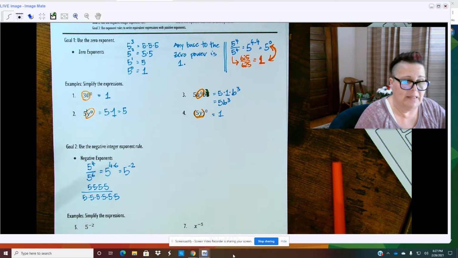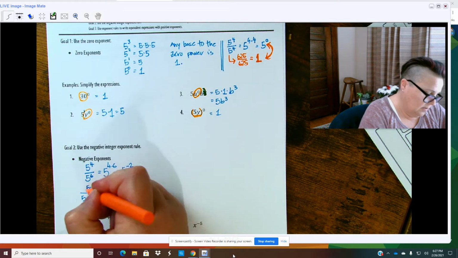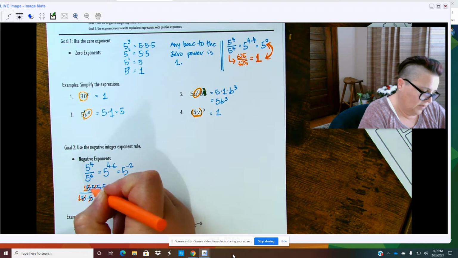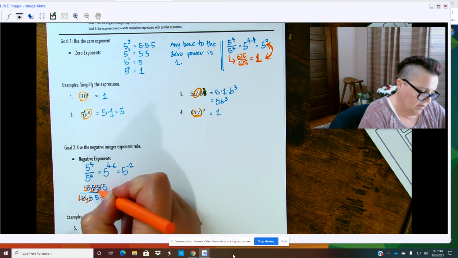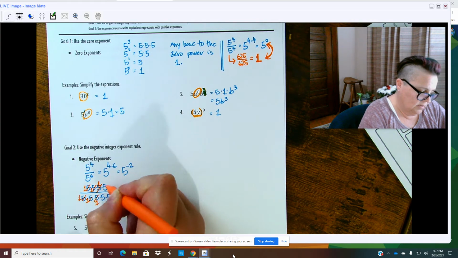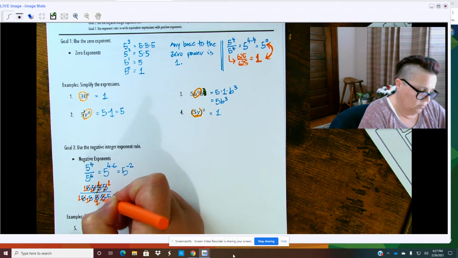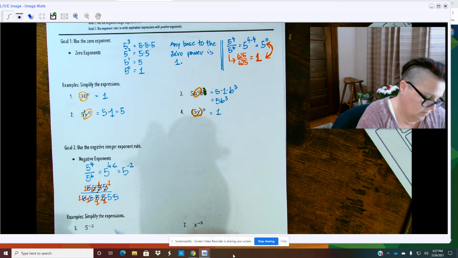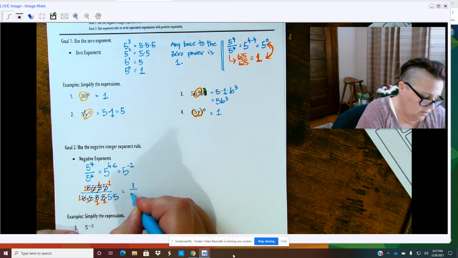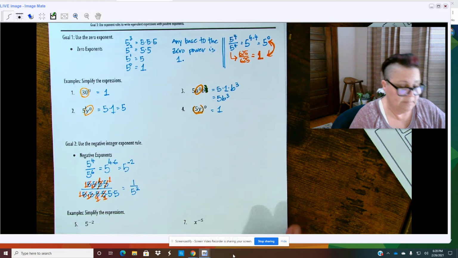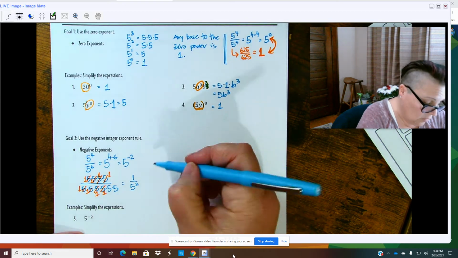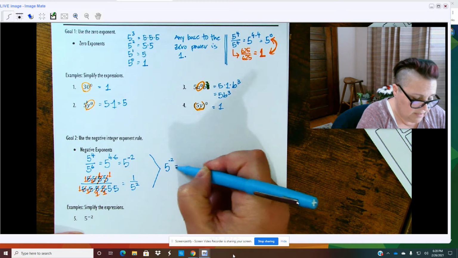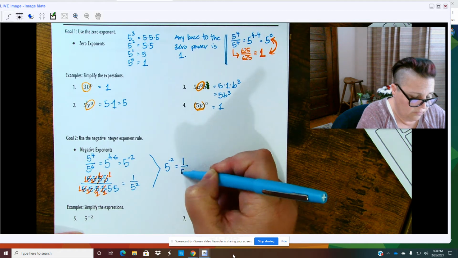Look at what happens. 5 over 5 is 1, four times. And I end up with 1 over 5 squared. So what does this mean? 5 to the negative second is the same as 1 over 5 to the second.